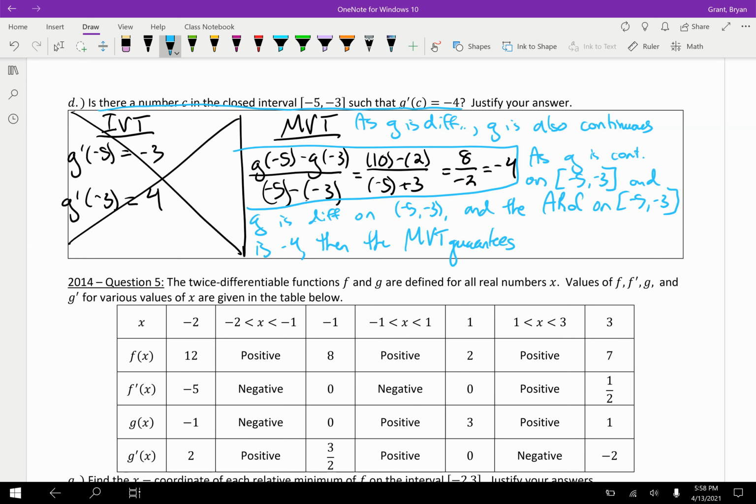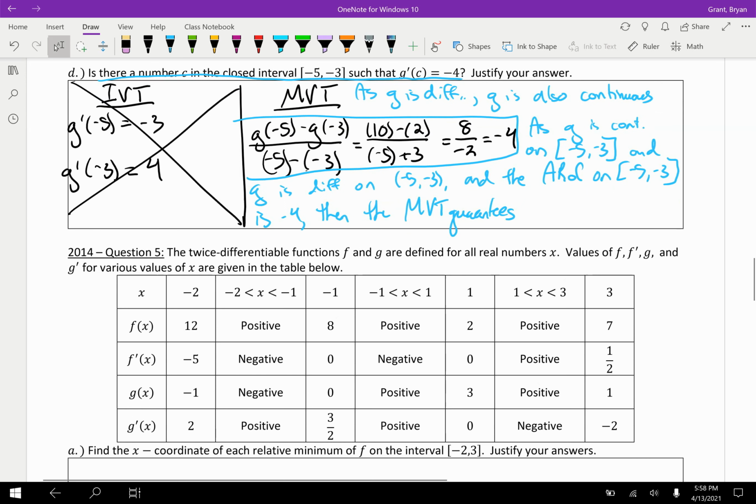So I'm going to write it all out. I'm not going to slack it all on this one like I did throughout the year. Guarantees there is a number C on -5 to -3. There we go. Such that G prime of C equals -4.